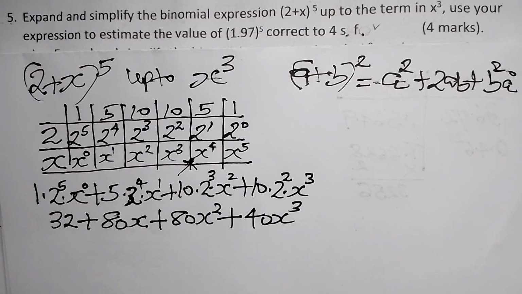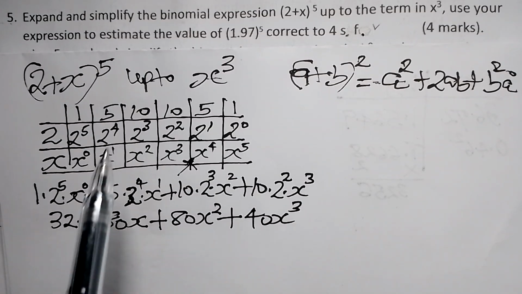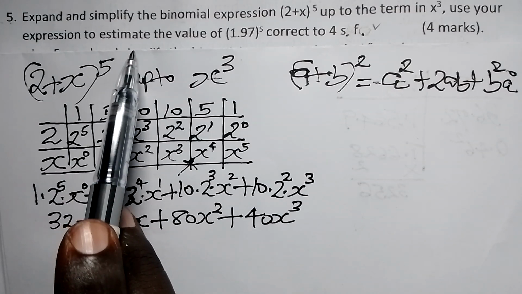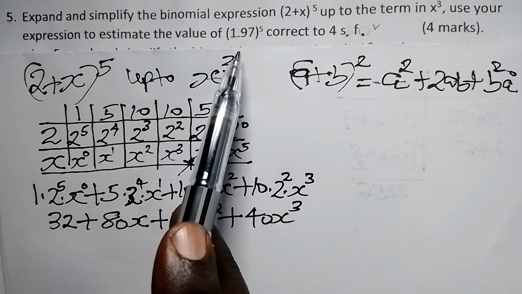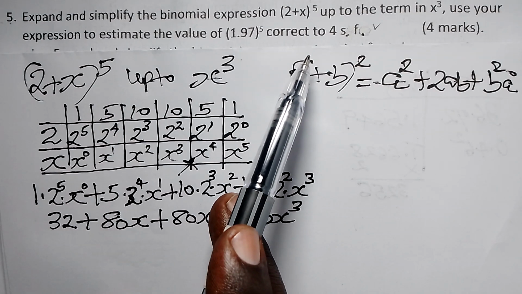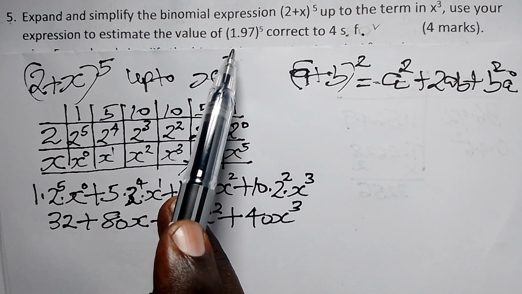So in the next question, we have to use the expression to estimate the value of 1.97 raised to power 5 correct to 4 significant figures.